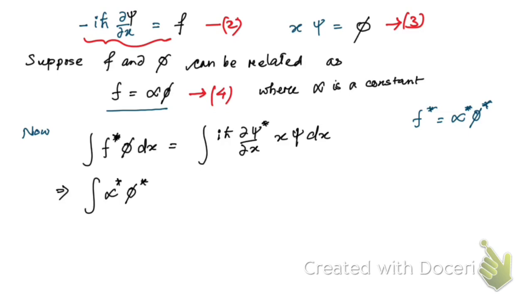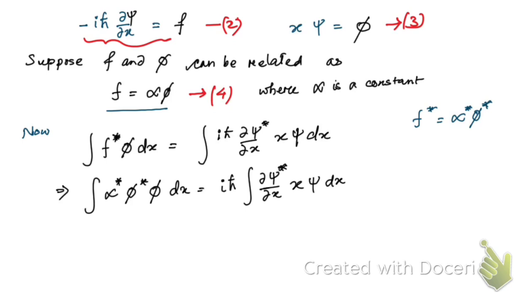Let me write it properly. Here i h bar can be taken out of the integral, leaving the integral of del psi star by del x times psi dx.